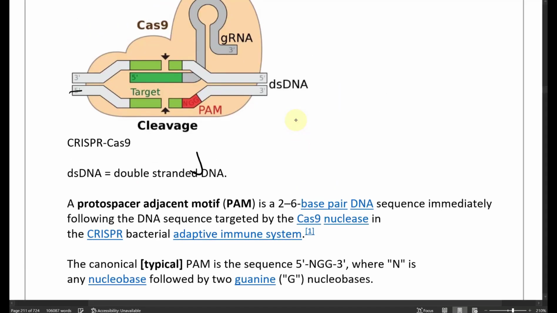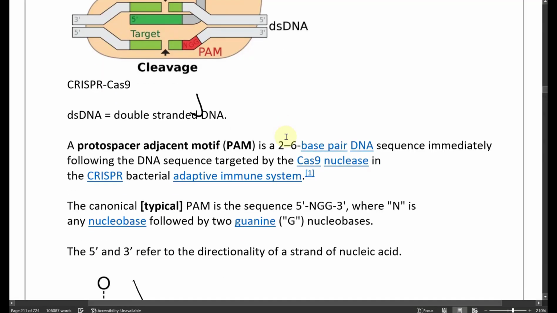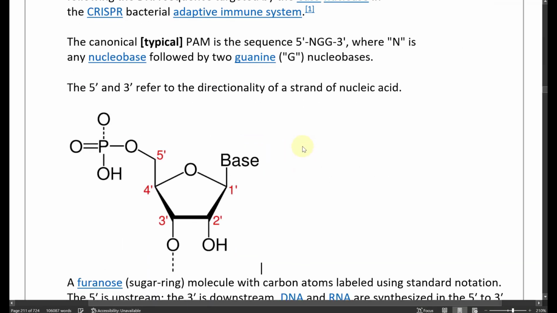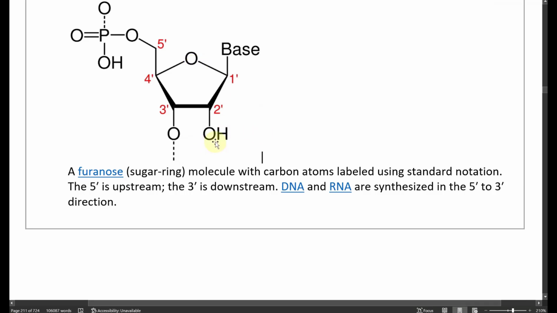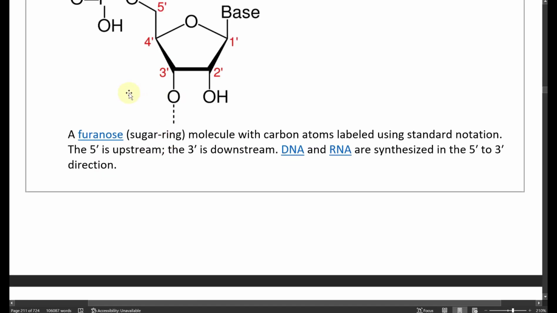In this case, it'd be synthesized from one end to the other, like that. This sugar ring is a furanose in general, but this one is a ribose, with that H over there, so a type of furanose or sugar ring.